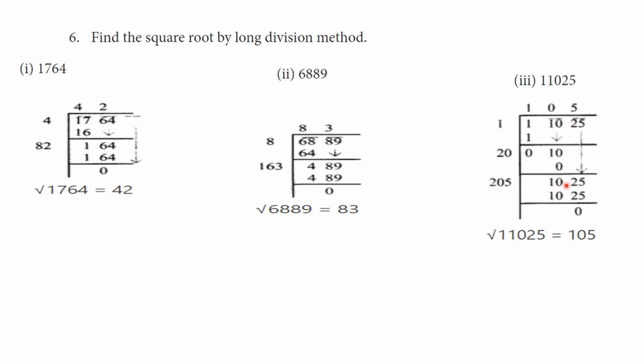Here you don't multiply with 2, you put it as such, so 20, and after it you put the number 5 into 5. 5 5s are 25, 5 2s are 10. So the remainder is 0. So the square root of 11,025 is 105.